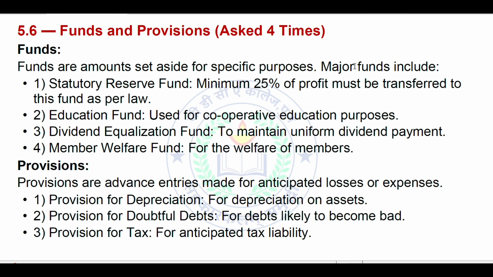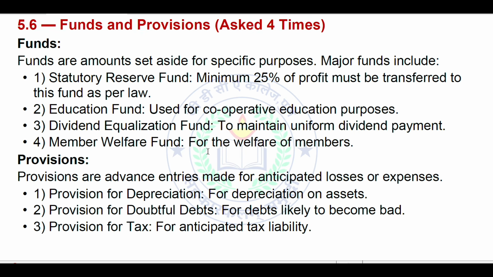Major funds include: statutory reserve fund, minimum 25% of profit must be transferred to this fund as per bylaws. Education fund, used for cooperative education purposes. Number three, dividend equalization fund, to maintain uniform dividend payment. Number four, member welfare fund, for the welfare of members.